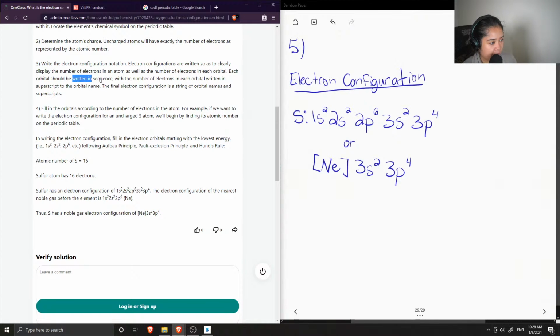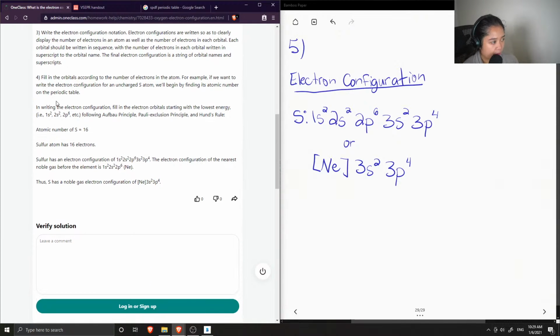So they should be written in sequence. The number of electrons is written in the superscript to the orbital name. And the final electron configuration is a string of orbital names and superscripts. Fill in the orbitals according to the number of electrons in the atom.